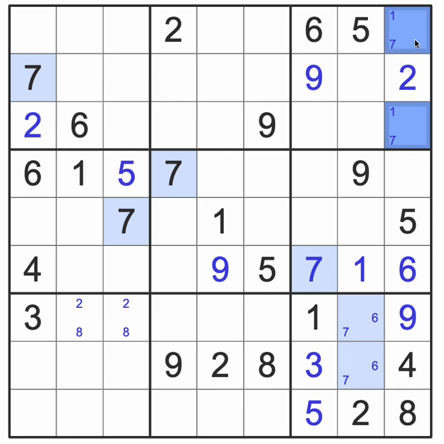Again, double means no other number can use these cells. In this case, there's only one more number left for the last cell. So this is 3. These are 2, 4, 8.